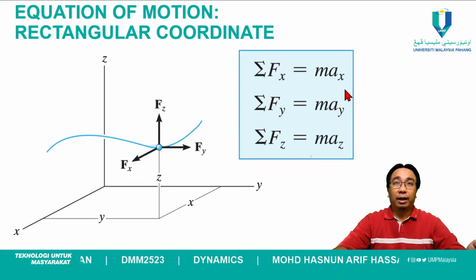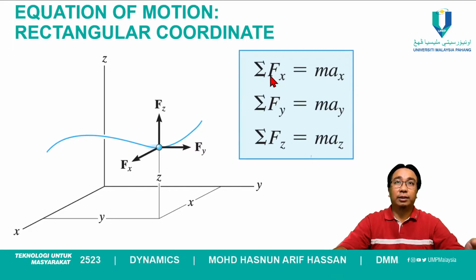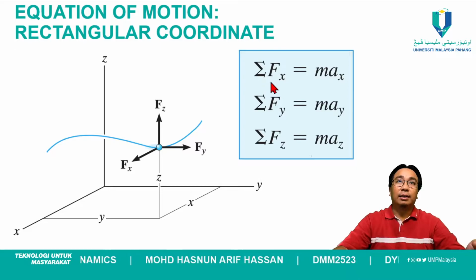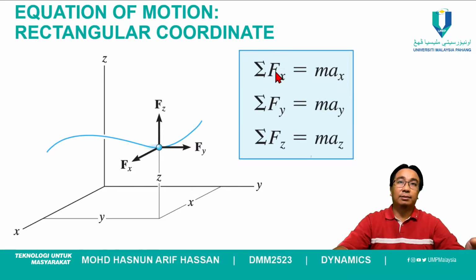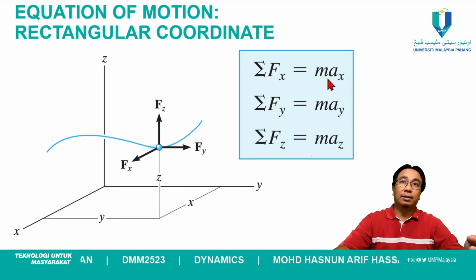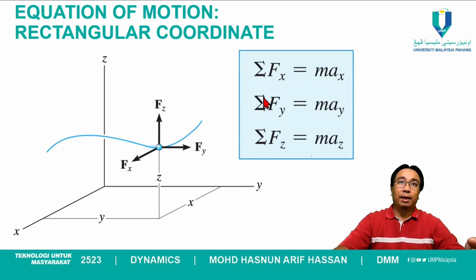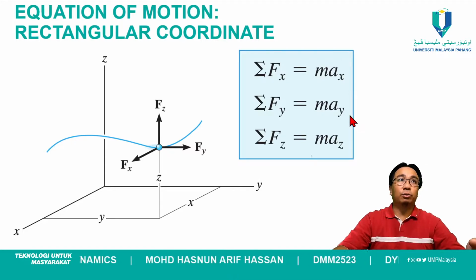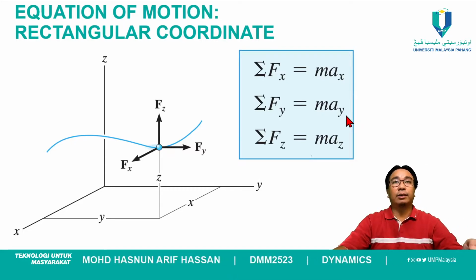We have the equation of motion F equals ma, in the x-axis, the sum of Fx is equal to max, and the sum of Fy is equal to may. This is for rectangular coordinate.